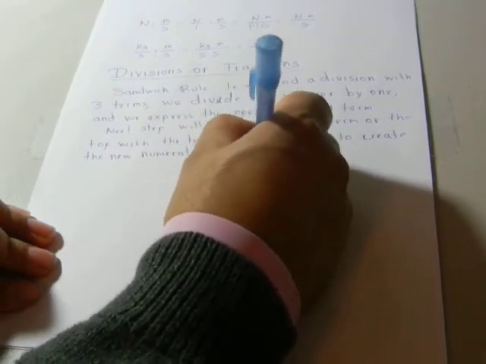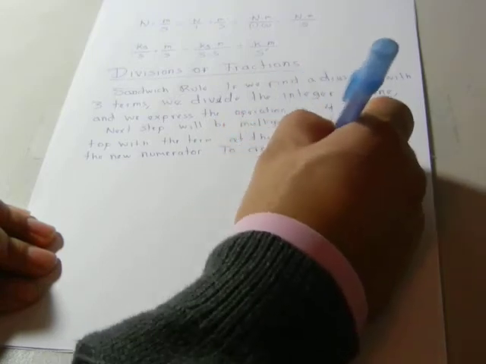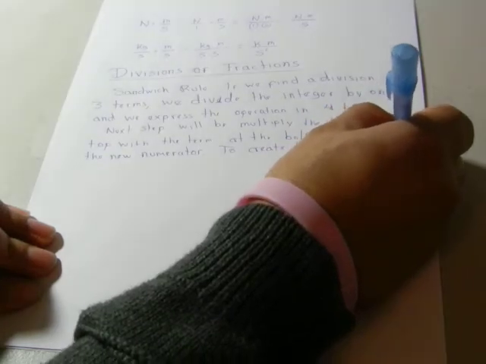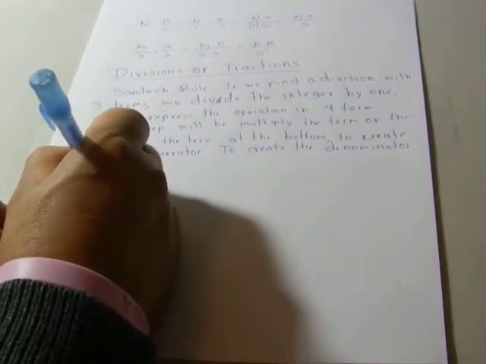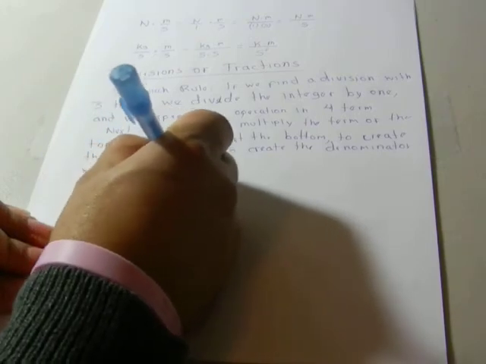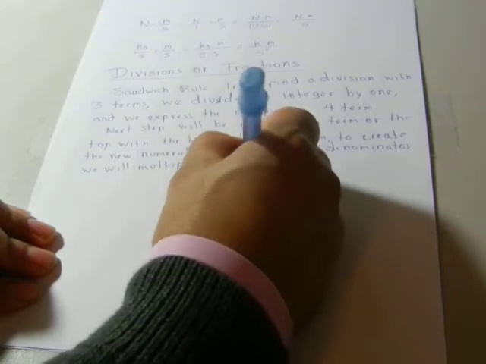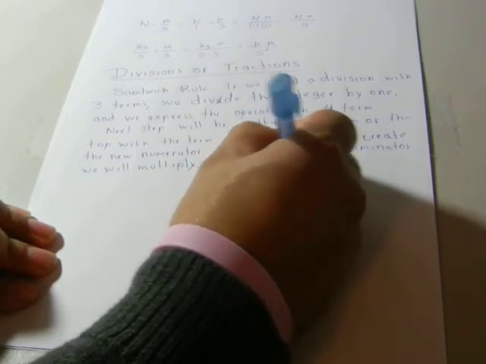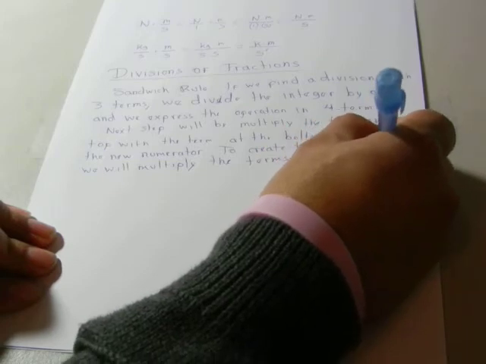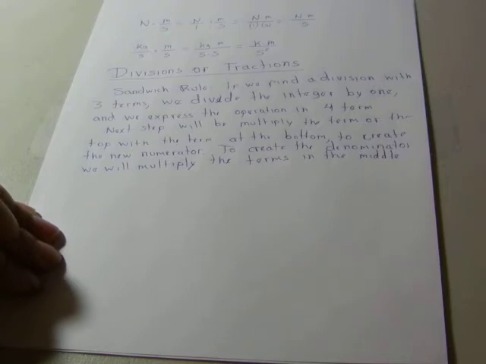To create the denominator, we will multiply the terms in the middle. That is the reason that we call this the sandwich rule.